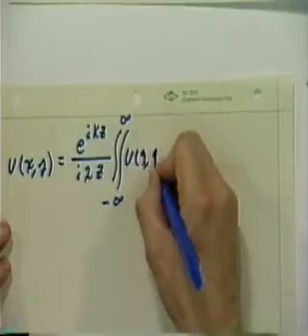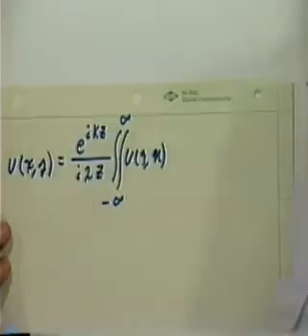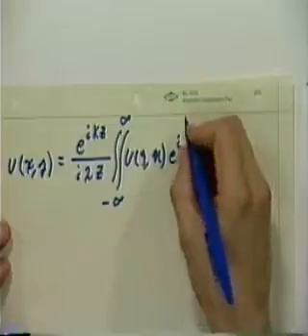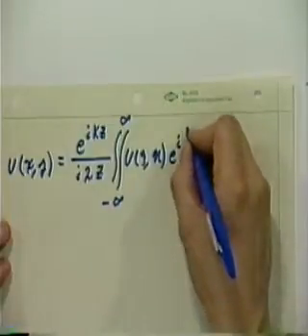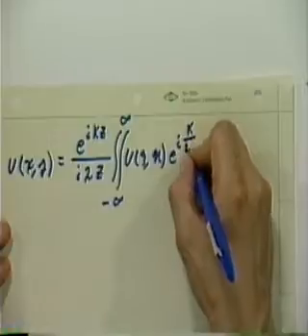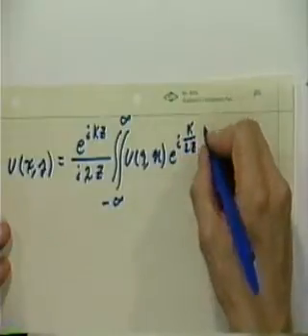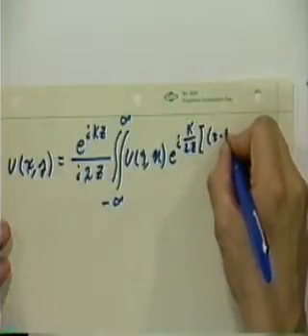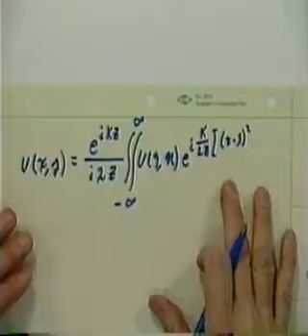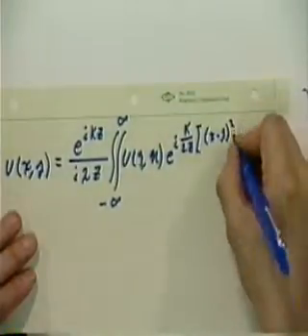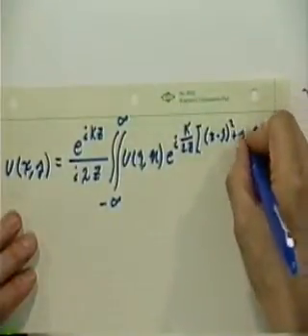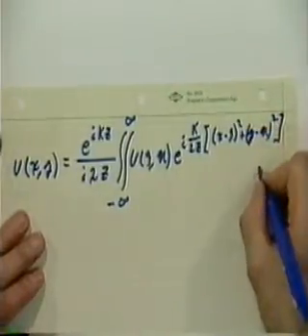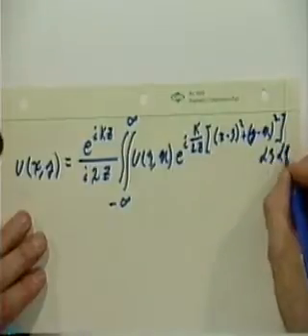U of squiggle and eta, e to the i k over 2z times x minus squiggle squared plus y minus eta squared, d squiggle d eta.